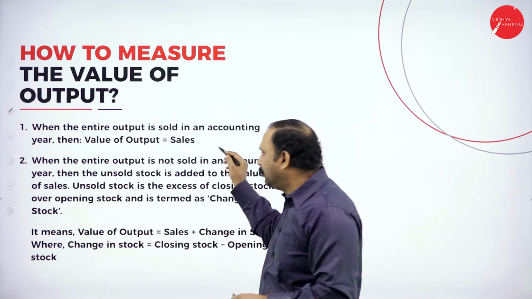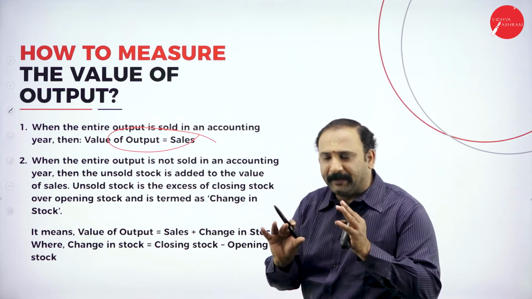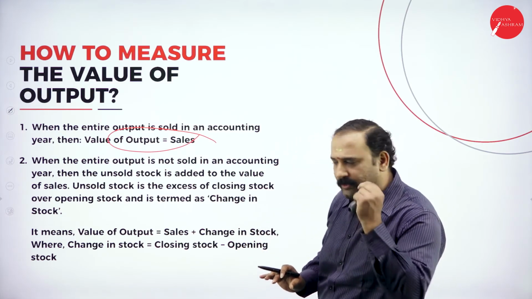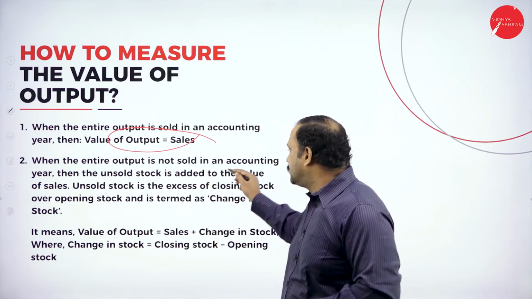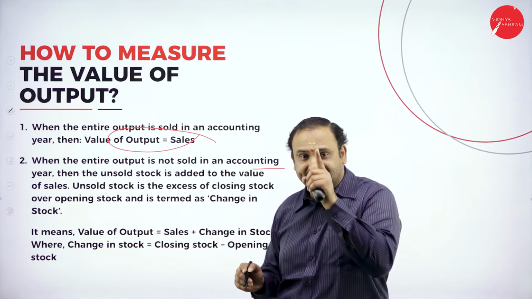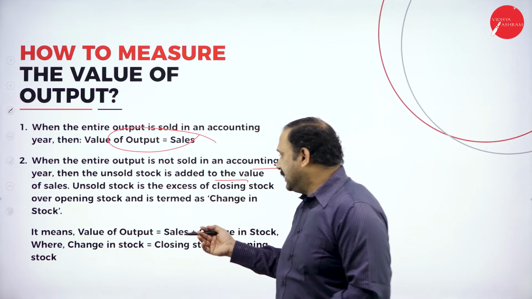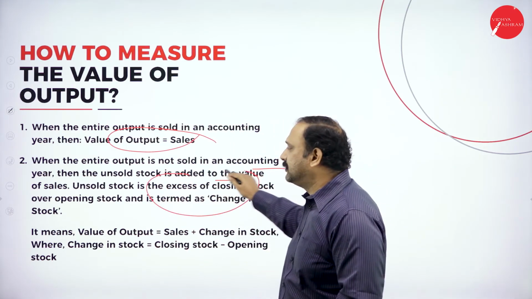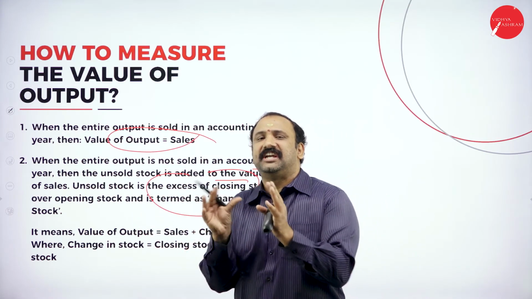The value of the output is nothing but the sales altogether. That's what we typically look at from the accounting perspective. When the entire output is not sold in an accounting year, then that unsold stock is added to the value of the sales, which means the unsold stock is the excess of the closing stock over the opening stock, called the change in stock.